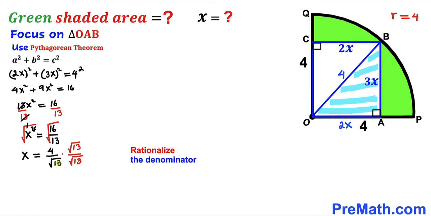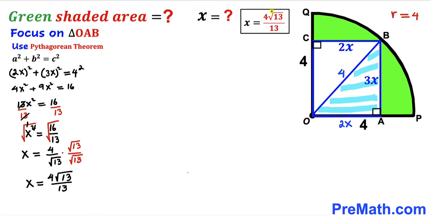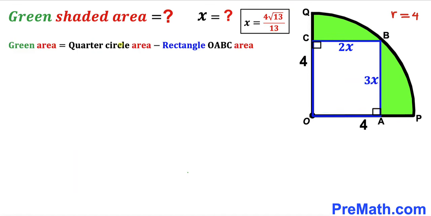So our x value turns out to be 4 times the square root of 13 divided by 13 units.